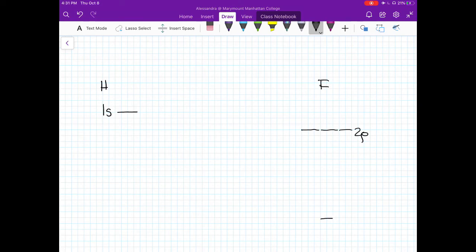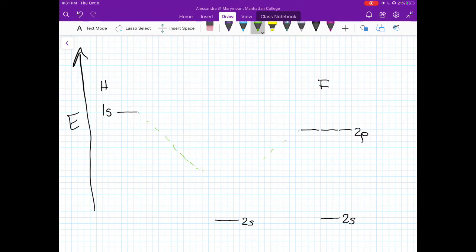And then, of course, fluorine has this 2s orbital all the way down here that's kind of out of the realm of interaction. And of course, my y-axis here is energy. So nothing happens to my 2s orbital. I'm just going to draw 2s in the middle here because it's not going to interact in any meaningful way with the orbital on hydrogen.